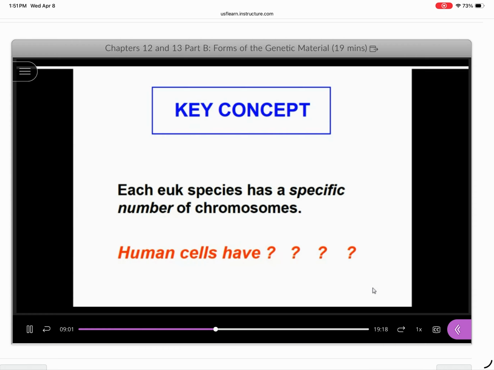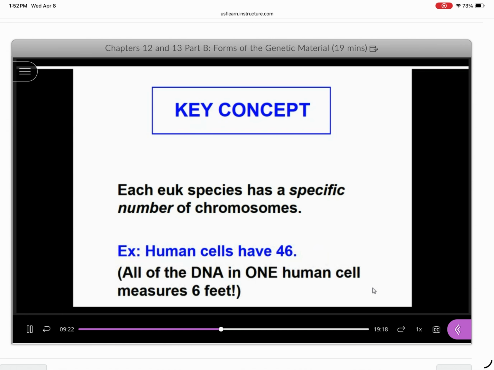Another key concept: each eukaryotic species has a specific number of chromosomes. For example, human cells have how many chromosomes? This is one of those numbers you want to have memorized. 46.